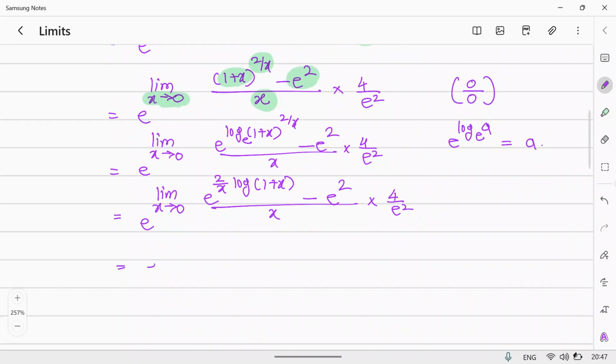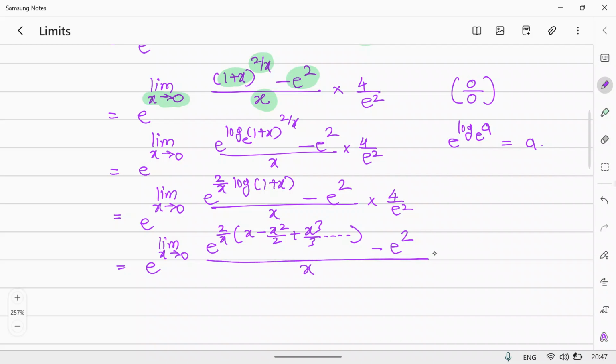So now we have the expansion series of log. How would that be? That would be something like this: e raised to 2 by x, (x minus x square by 2 plus x cube by 3 and so on). That is the expansion series for log, minus e square upon x into 4 by e square.